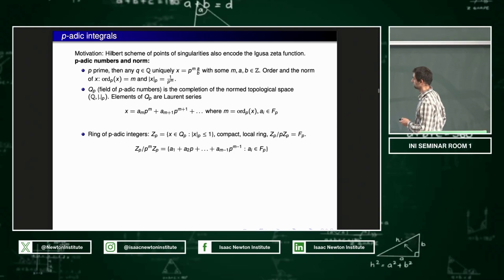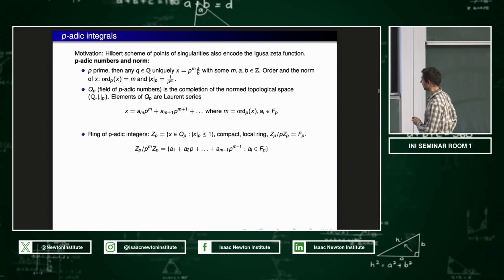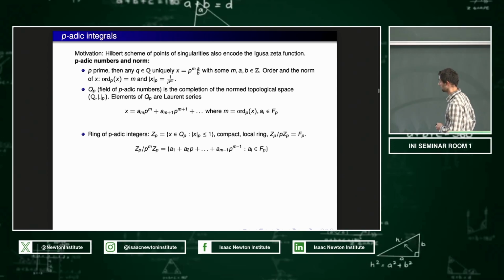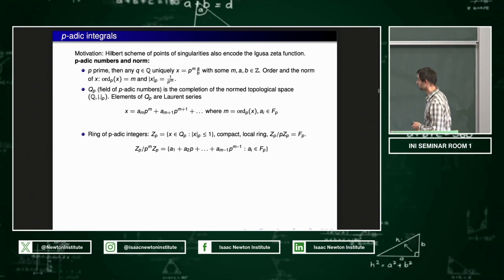So we take the ring of p-adic integers, which is the set of those elements where the norm is less than or equal to 1. In other words, we just take the Taylor series in p, and so this is actually a local ring, a compact local ring with a residue field equal to Fp.